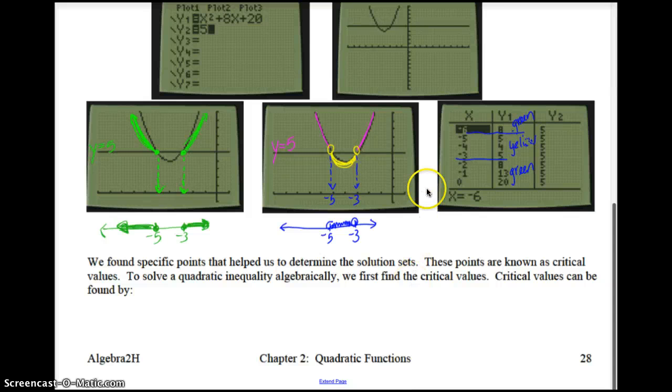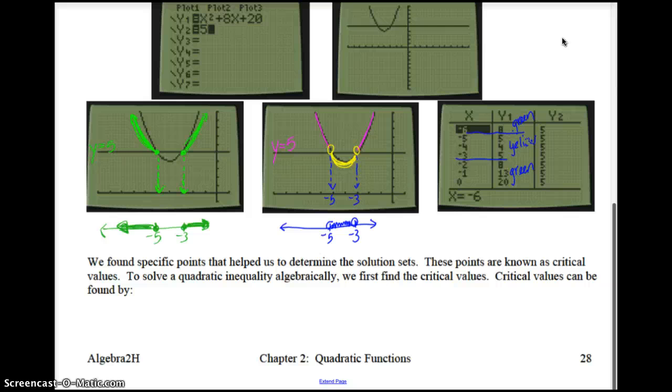And I want to make sure we put our solution set. We did put our solution set up there. So we found the specific points that helped us to determine the solution sets. These points are known as critical values. They're critical values because of where they hit, but if we had moved the 5 over to the other side of the inequality and then used the quadratic formula, for example, we would have called them zeros.